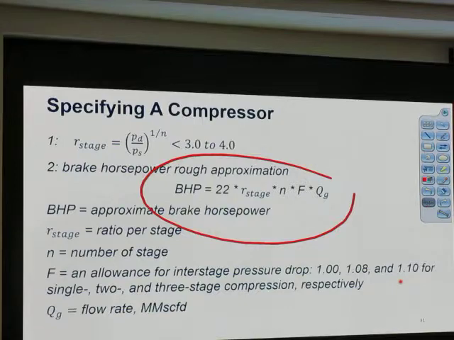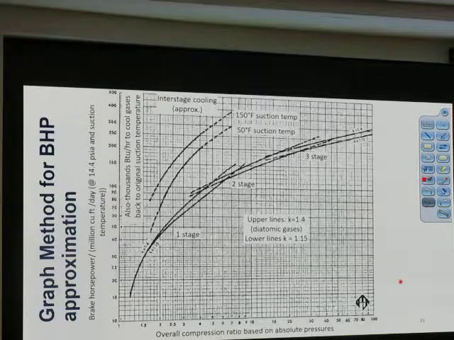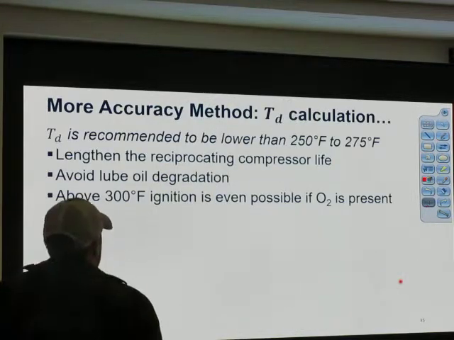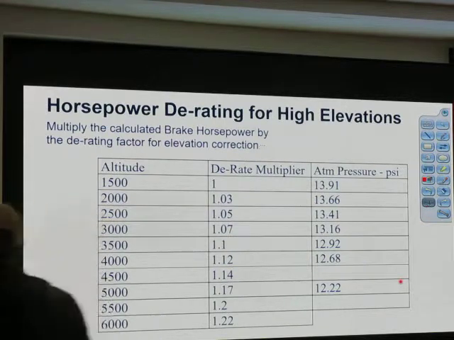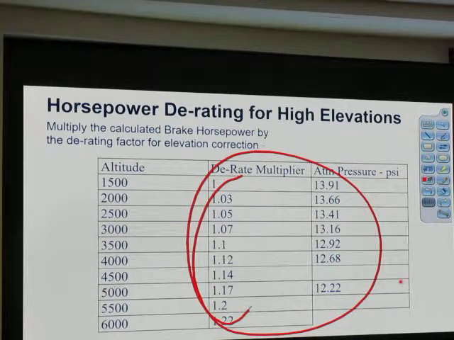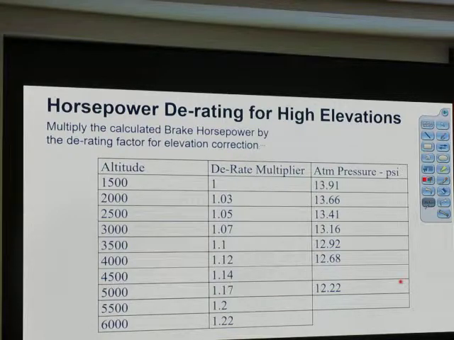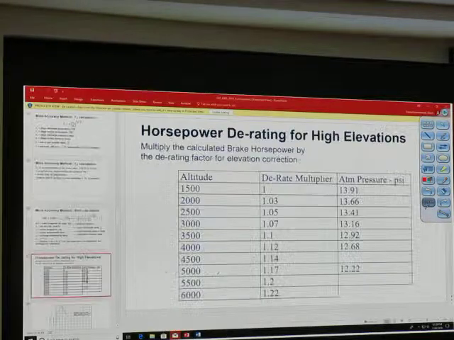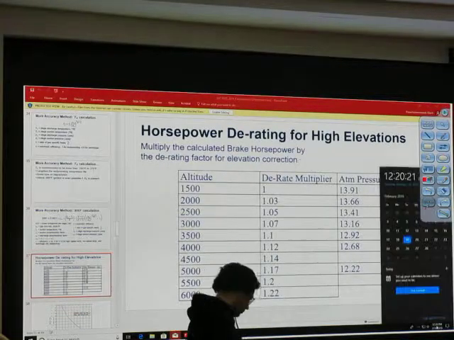Okay, compare with that. My phone is still at 1219. So when we use it at a different elevation, we have to be ready. We multiply by some other value because when we go up in elevation, we need more horsepower to compress gas, since there is less air there.